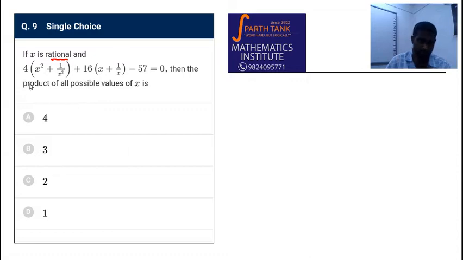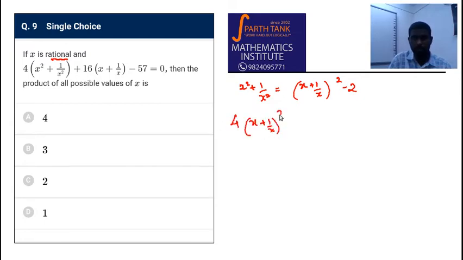Now of course, instead of forming a power 4 equation by taking an LCM of the whole thing, what we can do is, if you think of this identity, x squared plus 1 by x squared is nothing but (x plus 1 by x) the whole squared minus 2. Substitute that there. So that becomes 4 into ((x plus 1 by x) the whole squared minus 2) plus 16 into (x plus 1 by x) minus 57 is 0.